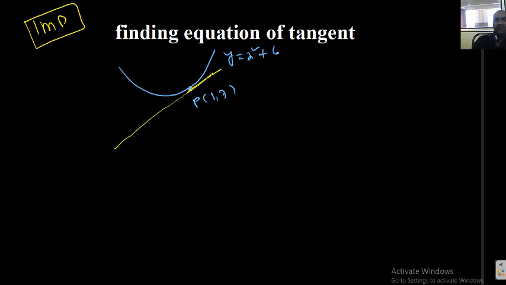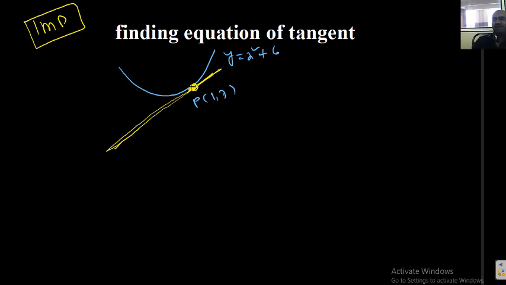It is a straight line, no? To find the equation of a straight line, you should know its slope and a point on it. Already the point on it is (1, 7). It is better to know its slope. The slope of this line is nothing but the first derivative of the function at P, at P meaning (1, 7).